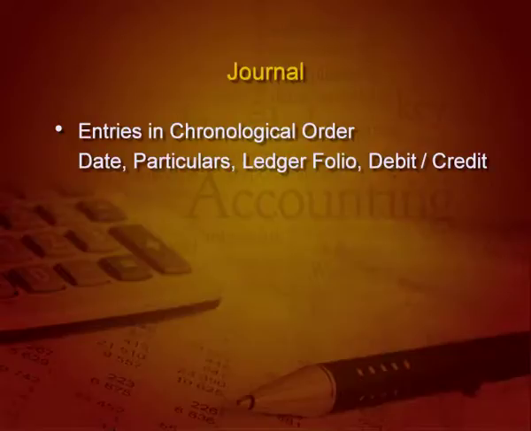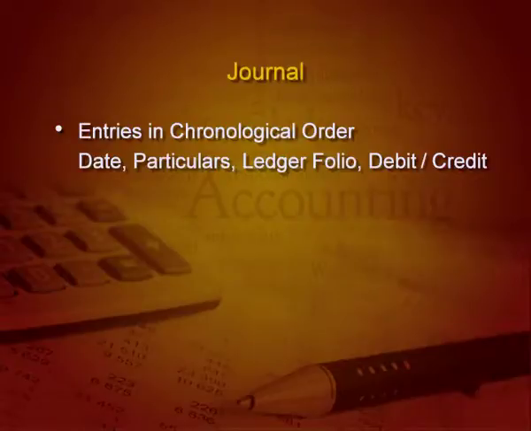Then there is another column, ledger folio, a very small column in which we write the page number of the ledger where this particular account or entry is noted. Then there are 2 more columns, debit and credit. If something is to be written in debit, then nothing will be written in credit, and if something is written in credit, then nothing will be written in debit.